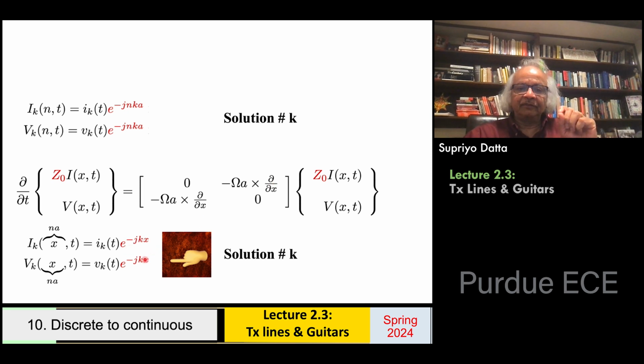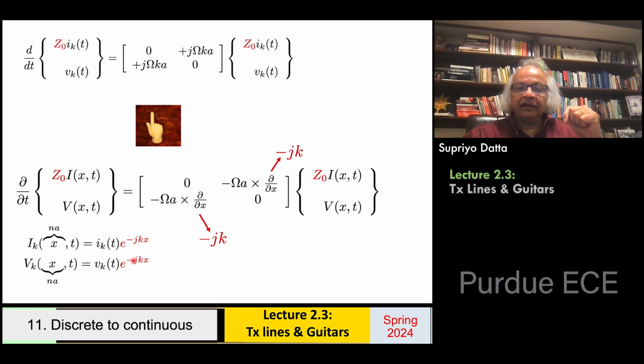It's the exponent times the eigenfunction. So when you use this, d/dx becomes minus jk, equivalent to multiplying the function with minus jk. And the same here, this d/dx multiplied by minus jk. And so minus omega times minus jk gives you a plus j omega ka. And here also you get a plus j omega ka.